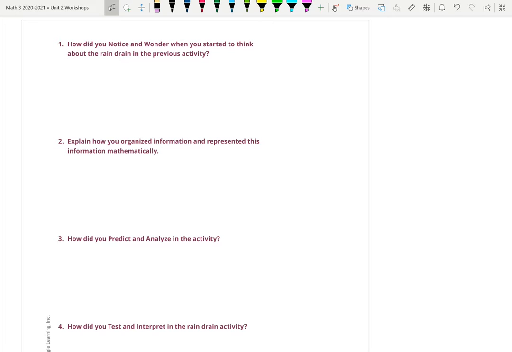So basically, in this last activity, we started to think about the drains, right? And the key question that was driving us is, how do I turn a metal sheet into a sewer grate?